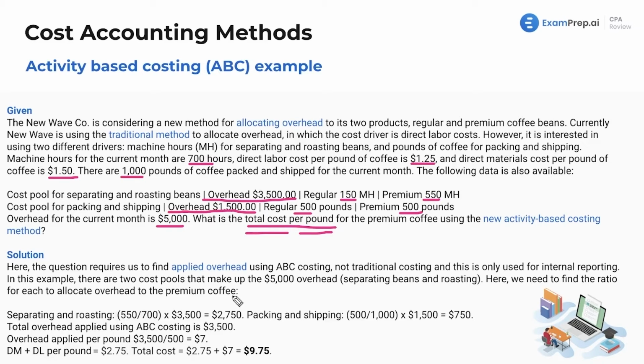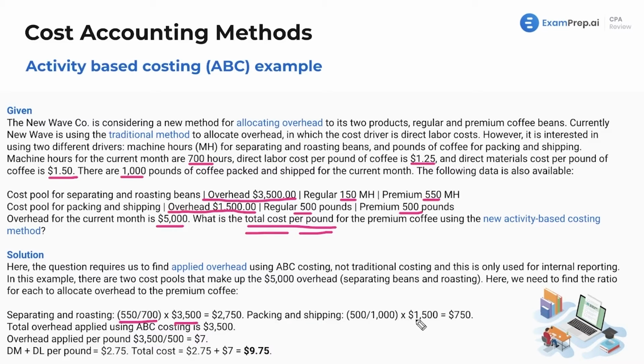All right, so we want to allocate the overhead from the separating and roasting component as well as the packing and shipping. And we're doing this just for premium coffee, as I mentioned. So what's our process? Well, we find our overhead amount, and then we get the percentage that is premium. Overhead amount for separating and roasting is 3,500. This is the percentage that's premium: 550 divided by the total.